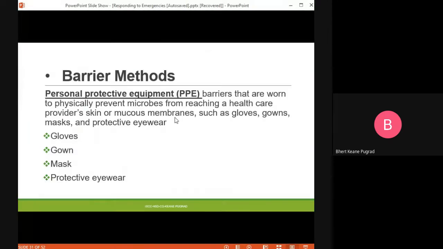Okay, so next is the use of your protective barriers. Your personal protective equipment or PPE, these are forms of barriers that are being worn to physically prevent the microbes from reaching our body. Examples of your PPE could be your gloves, gowns, face masks, and protective eyewear.